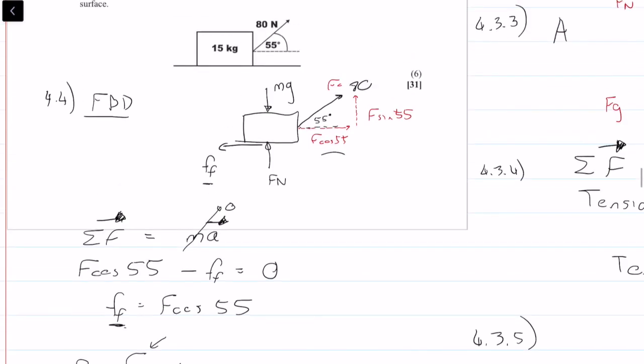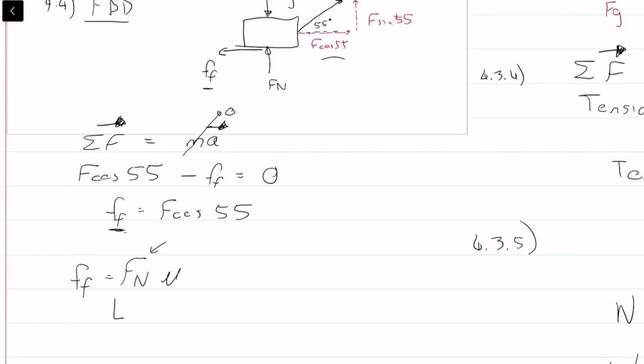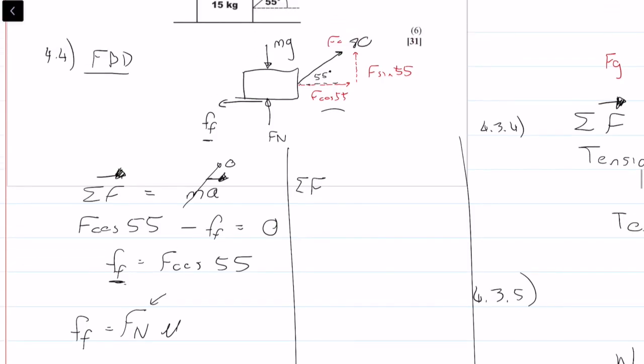To figure out your normal force, we have to take the sum of the forces. Let's say the sum of the forces down is equal to mg down, but this again is equal to 0.